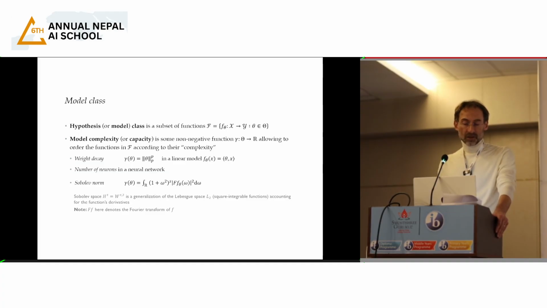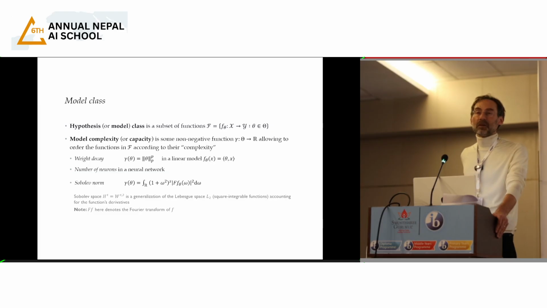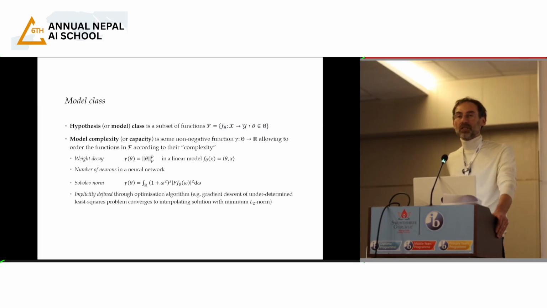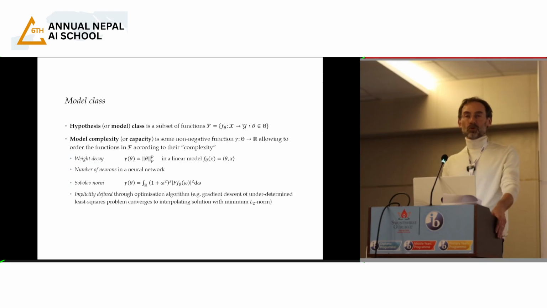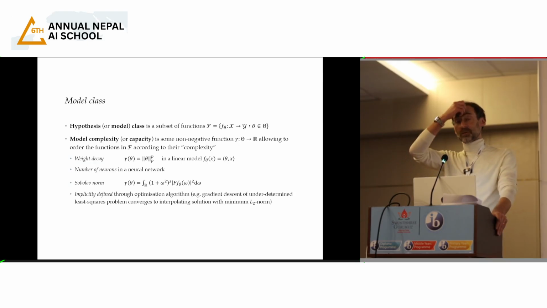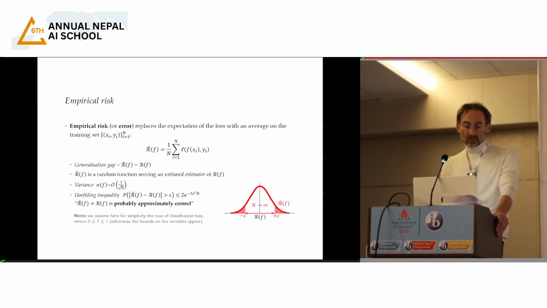Or maybe it can be implicitly defined by the optimization algorithm. If you solve a least squares problem with, for example, conjugate gradients, then we will always choose the smallest solution. So basically the optimization algorithm itself might act as some sort of regularizer.